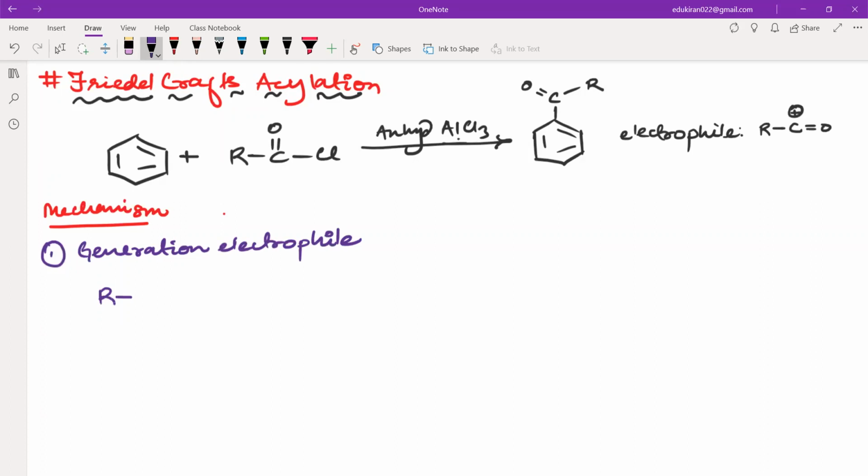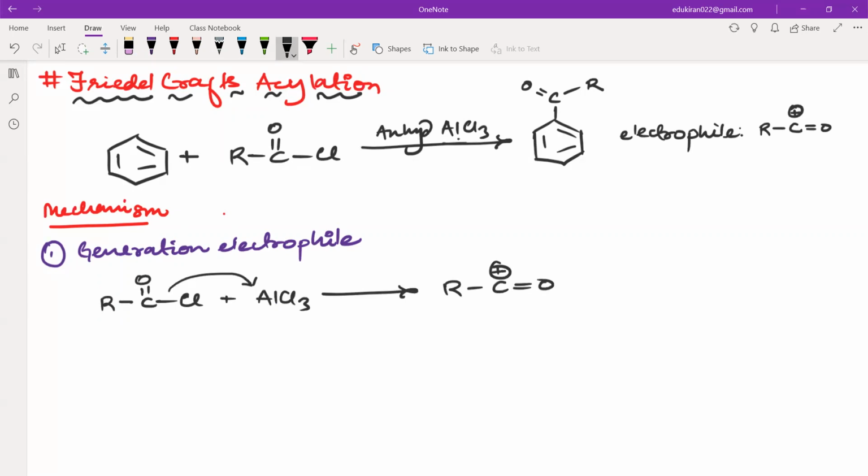Again, we have R, C double bond O, Cl, and AlCl3. So this bond attacks on the aluminium, which is the Lewis acid, and it forms R, C double bond O positive charge. This is our electrophile. Then you can write the second step and the third step. Yes or no, guys? You can write it now.